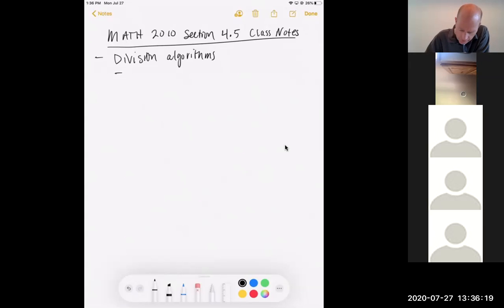Specifically, we're going to do an open array. Then we'll move to repeated subtraction. Then we'll do the standard algorithm.